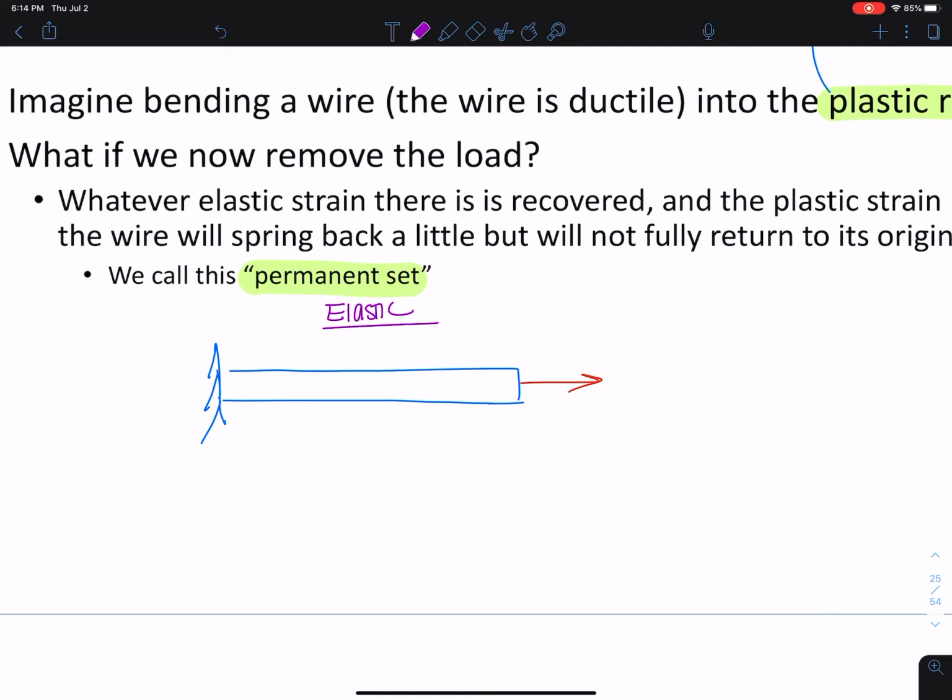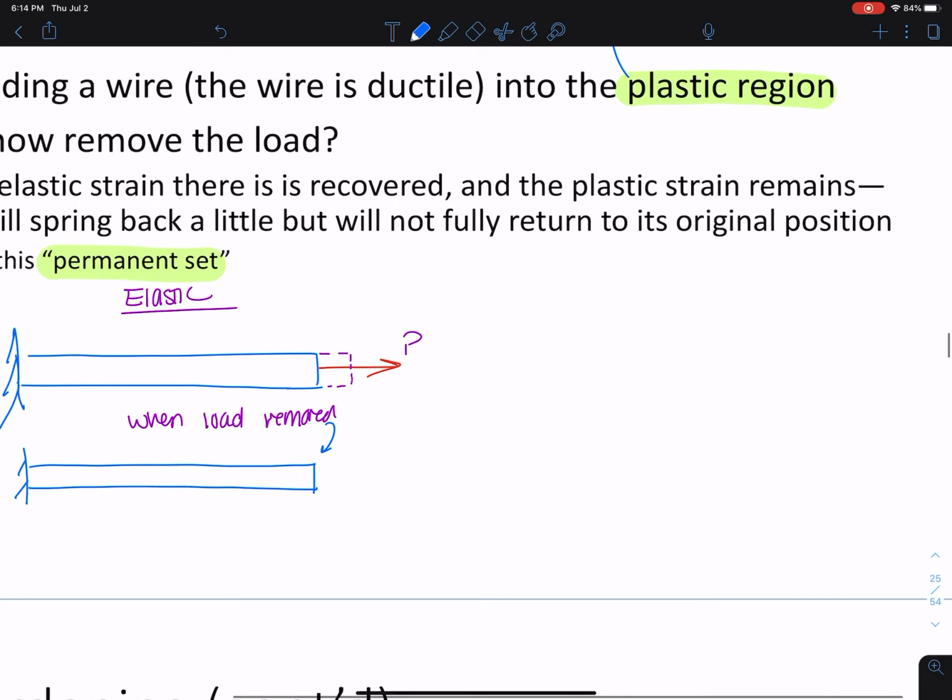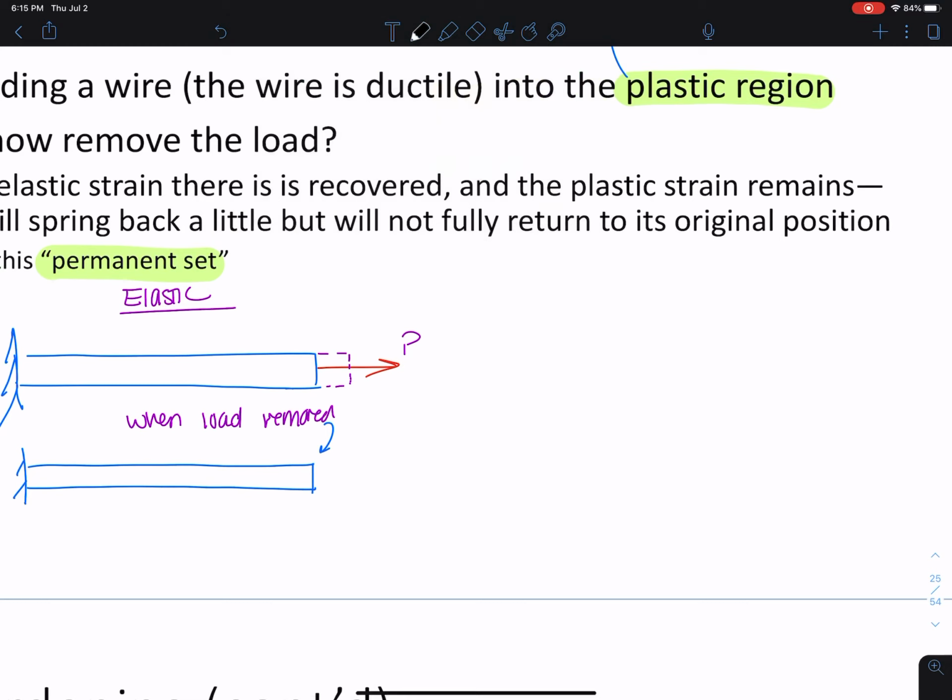If I'm only pulling with some force P to get this into the elastic region, it'll be pulled out, but when I remove the load, I have the same shape that I started with. So I'm able to pull with a load, remove the load, and get back to the original length.